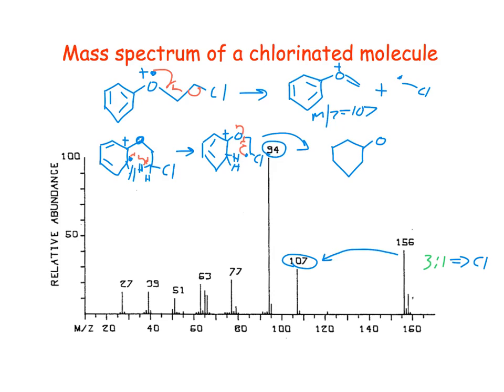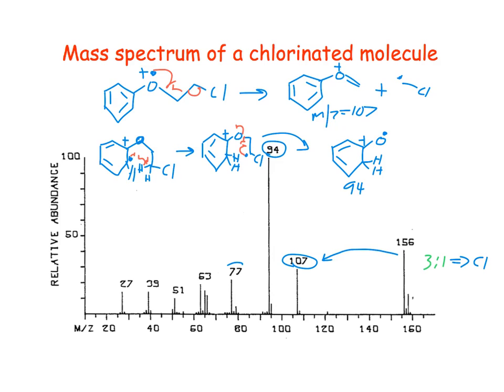And then we have a radical here, plus there, 2 H's, and this is at 94. Remember, if it was an oxygen there, that's when we had 92. So that oxygen has 2 more mass units than a CH2 group.